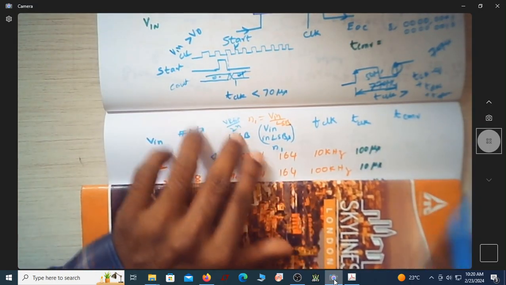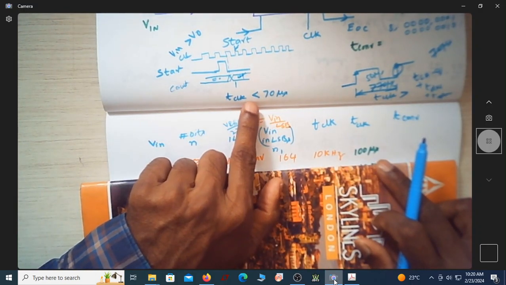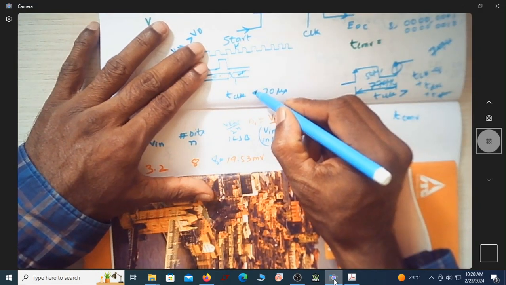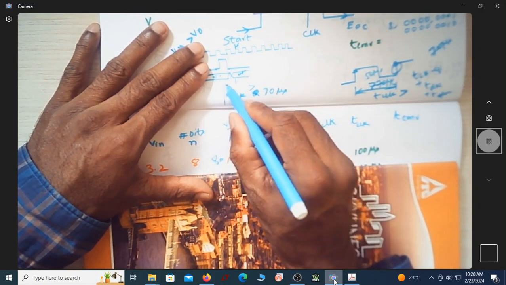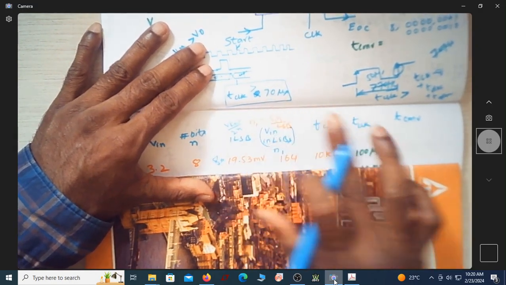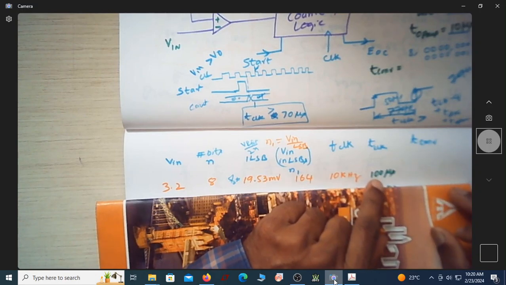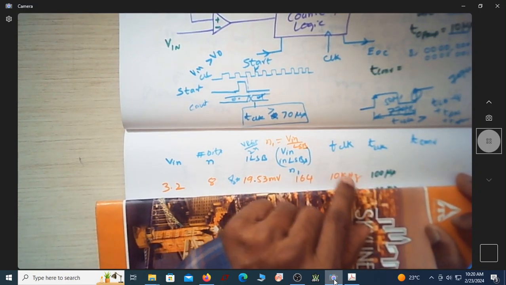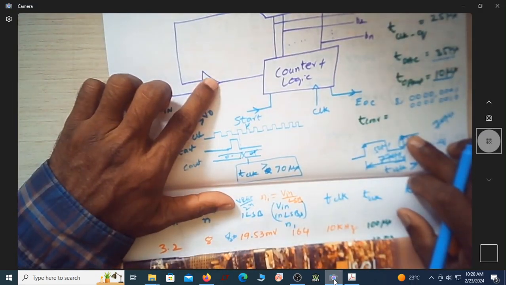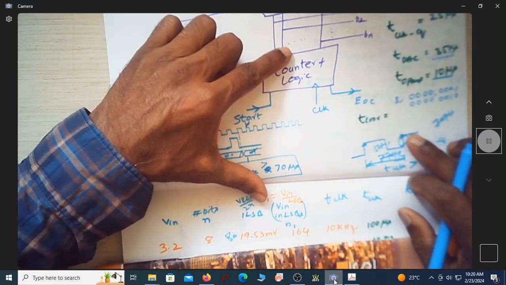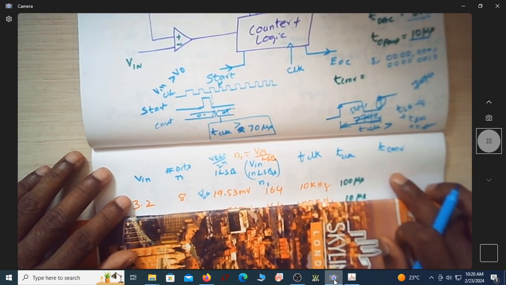Since my clock period is 100 microsecond, which is certainly more, by the time the next clock comes, the decision will be made to go for the next count or to give an EOC.